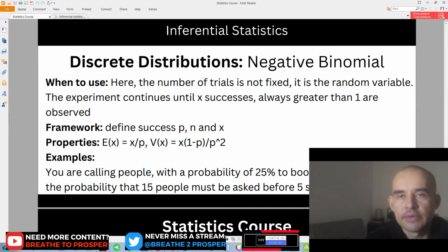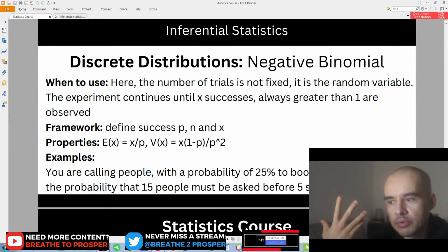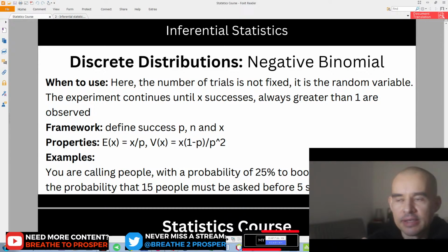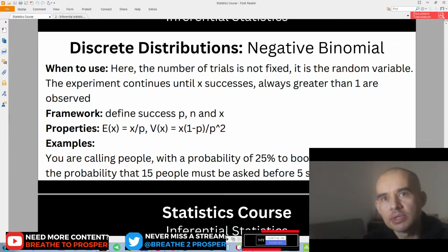Let's say you have a salesperson that has a probability of booking people, if he keeps calling people, of 25%. So you start the other way around. You say, what's the probability that 15 people must be asked before 5 say yes? Notice how this is different now. What is the probability of 15 people?